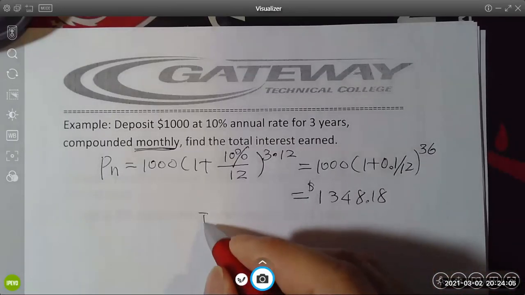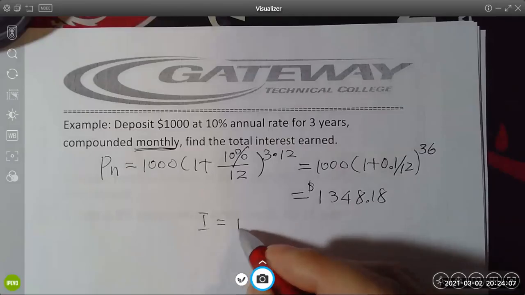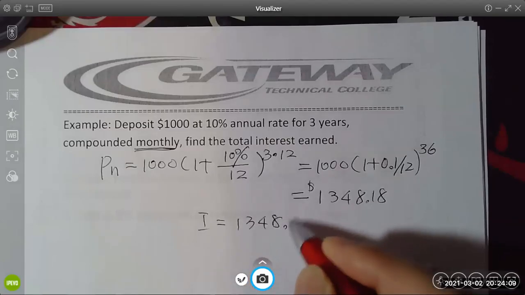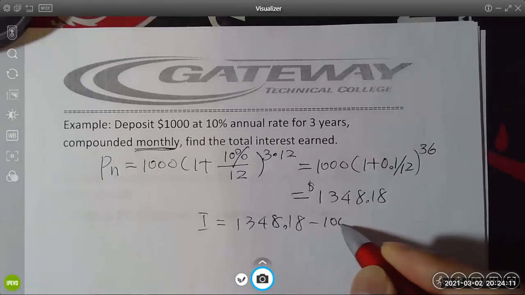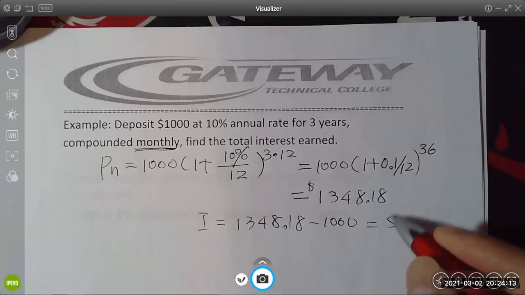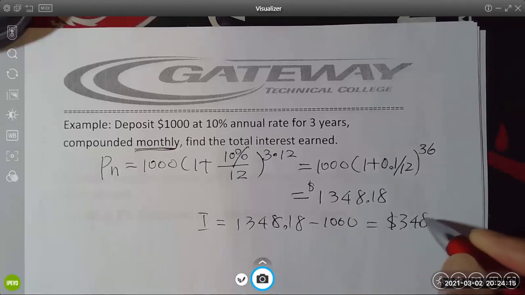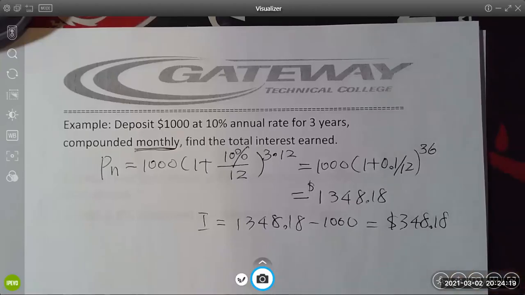Now the total interest: 1348.18 minus 1,000. That's $348.18. And if you recall, when we had the first example, the account is compounded annually.